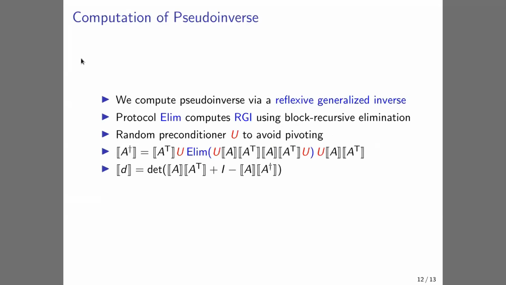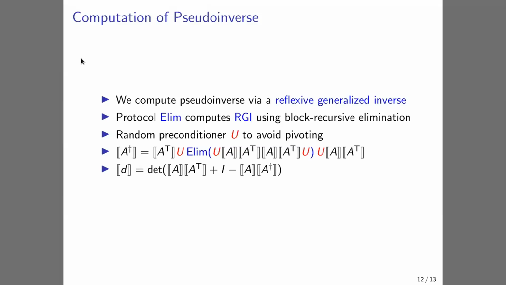Here I've highlighted in blue this protocol ALIM, which computes the reflexive generalized inverse. We compute that using a block recursive elimination protocol that is itself composed of these elementary operations that I showed in the beginning.